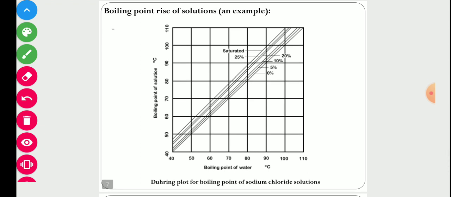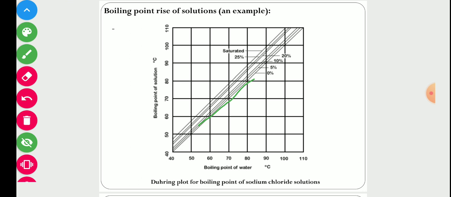This is the Duhring curve. On the y-axis we have the boiling point of the solution, and on the x-axis we have the boiling point of pure water. You can see that if we increase solute concentration, like in the lowermost line, the solute concentration is 0%, that is, we have pure water.